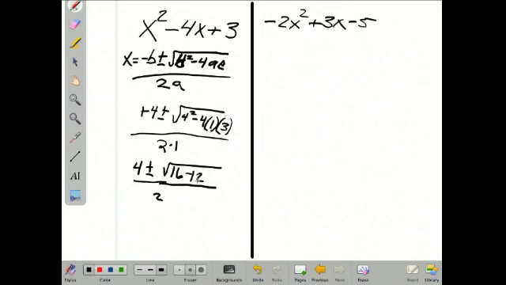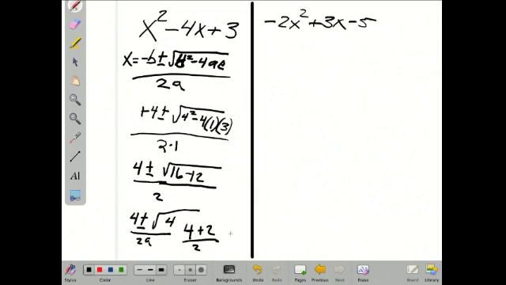The square root of 16 minus 12 is 4. 4 plus or minus the square root of 4, over 2a. And the square root of 4 is 2. So it's going to be 4 plus 2 divided by 2 and 4 minus 2 divided by 2.